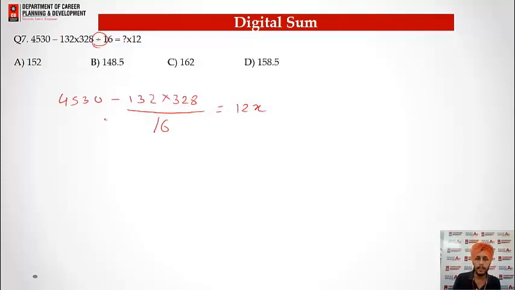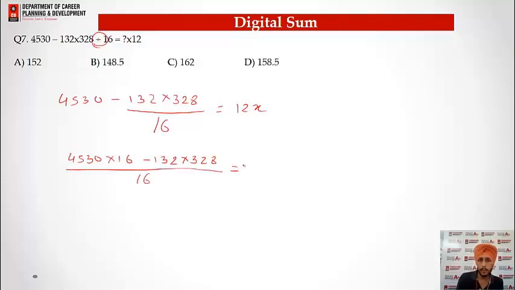So let's take an LCM on our left side. So it will become 4530 into 16 minus 132 into 328 upon 16 is equal to 12x.